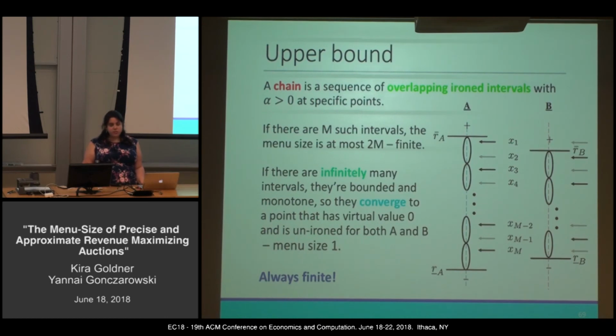The condition that is regularity here, so what is regularity? Regularity means that if you draw your revenue curves in quantile space, they'll be concave. But here we've been drawing revenue curves in value space so that we can line up with the other ironed intervals and match in value space since the IC constraint is in value space. And because they're in value space, they've been multiplied by the probability that you'll buy.